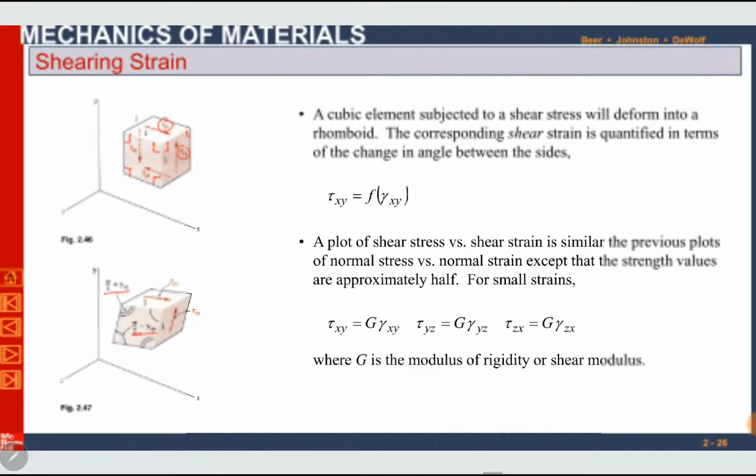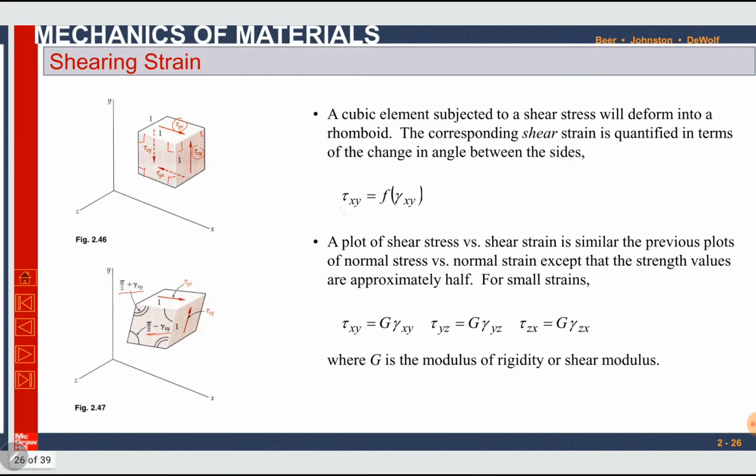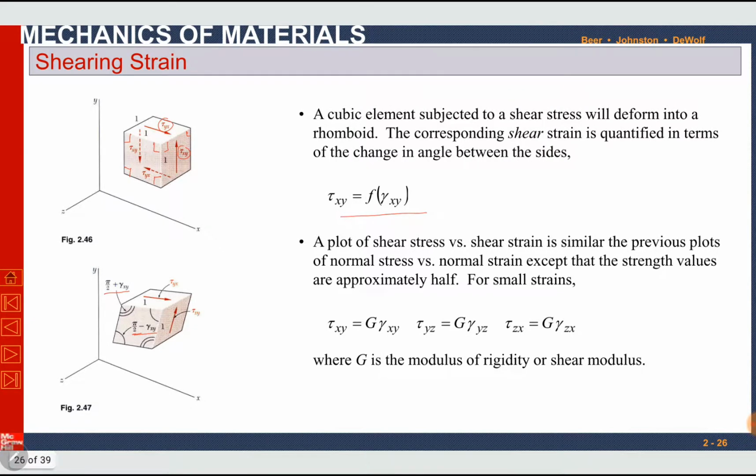Okay, we know that stress is a function of strain. So shear stress is a function of shear strain. This is Hooke's law as well, and this function depends upon a constant value. Hooke's law is like this: shear stress is proportional to strain in the elastic limit only.